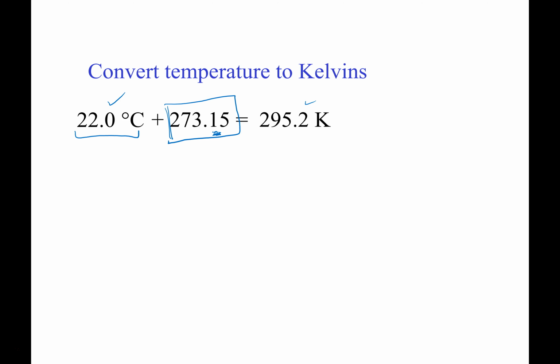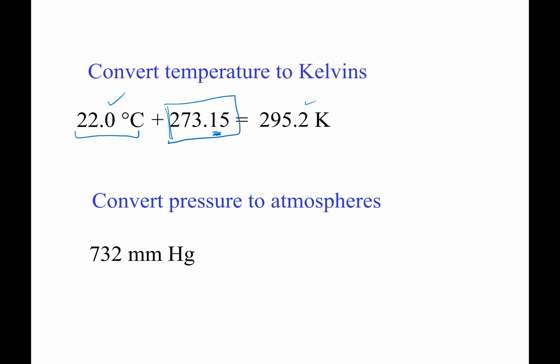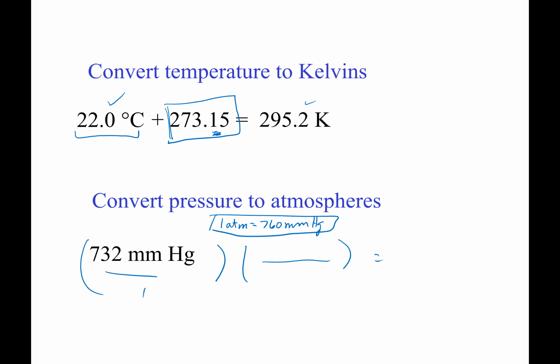The last thing we need to fix is our pressure. Remember, whoever did this gave us the gas pressure in millimeters of mercury. And I said that 1 atmosphere is exactly equal to 760 millimeters of mercury. So how can I use this equivalency statement as a ratio to get millimeters of mercury to cancel and be left with units of atmospheres?